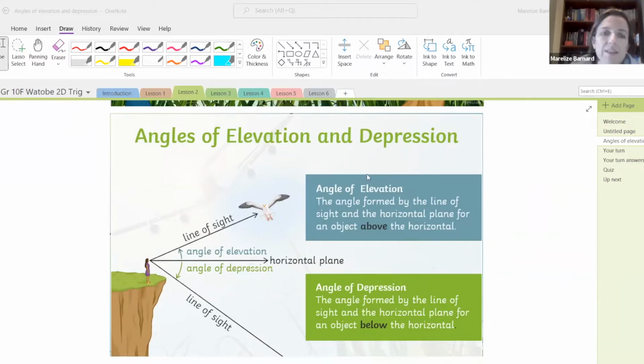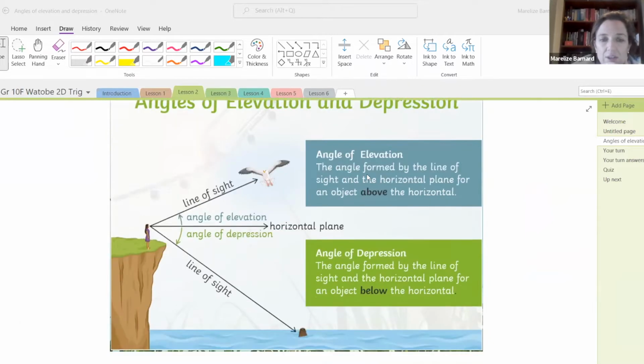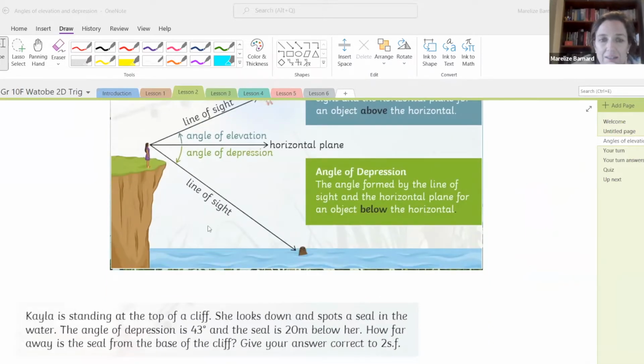Right, so here's a little bit more about the angle of elevation and the angle of depression. So here we have a girl standing. She's looking up at the bird, and because she's looking up, that is called the angle of elevation. This is our horizontal, and from there, she is looking down at the seal over here.